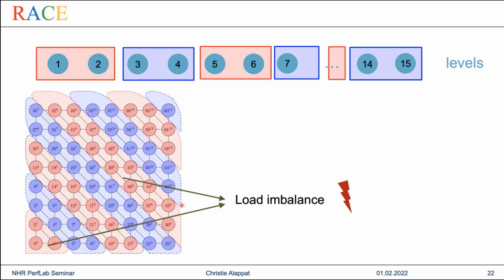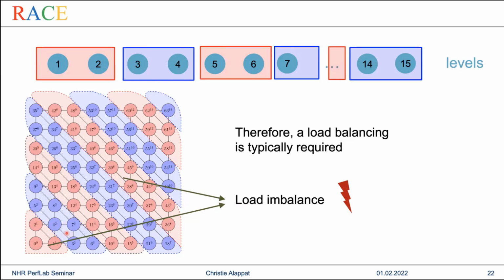And therefore, there is obvious load imbalance. So in order to get good performance, we have to do some load balancing. This is implemented in RACE, and RACE takes care that all the threads get an even amount of work.